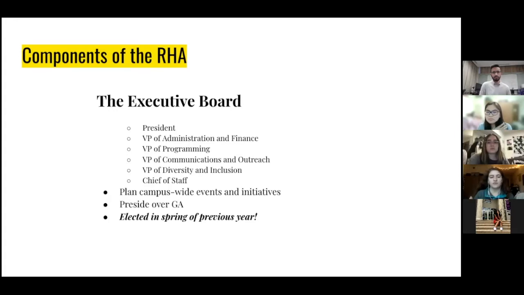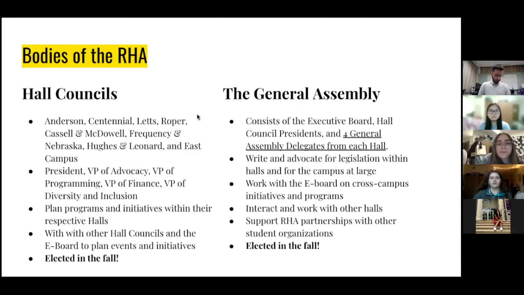Our main goal is to plan campus-wide events and initiatives. We preside over the General Assembly, and you're elected in the spring, the year before you are in office. Now the bodies, which I'll go over quickly.